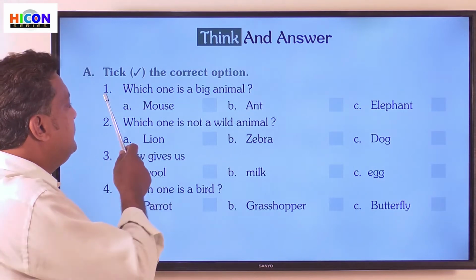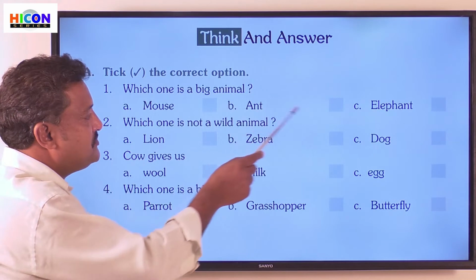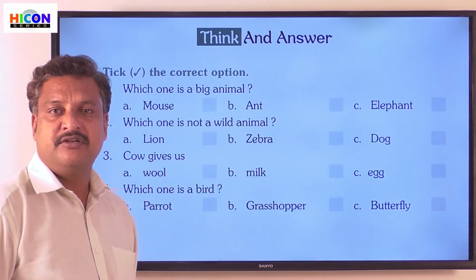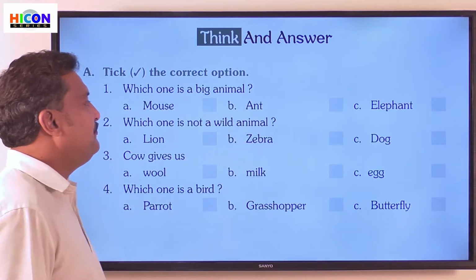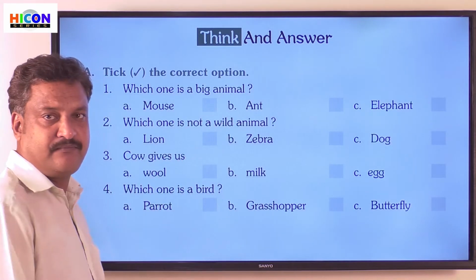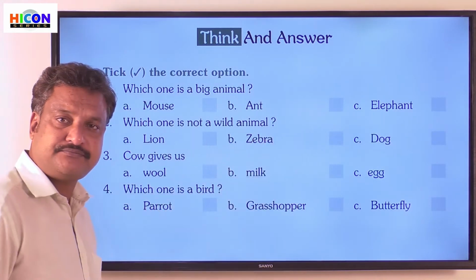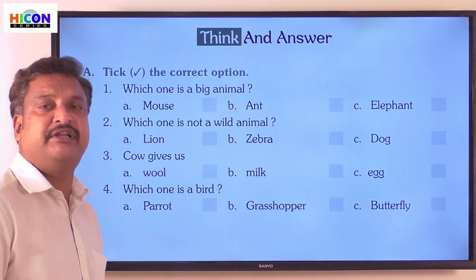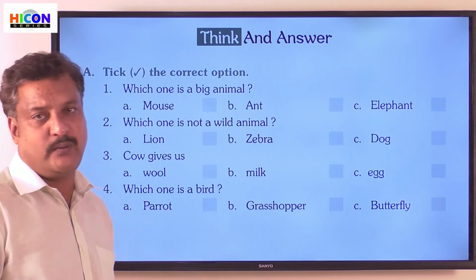Yes, we have to read these questions and see that with every question there are some options also, A, B, C. So we need to read the question or the incomplete sentence, check with the options, and based on what we have studied in the lesson, complete these sentences or answer these questions.